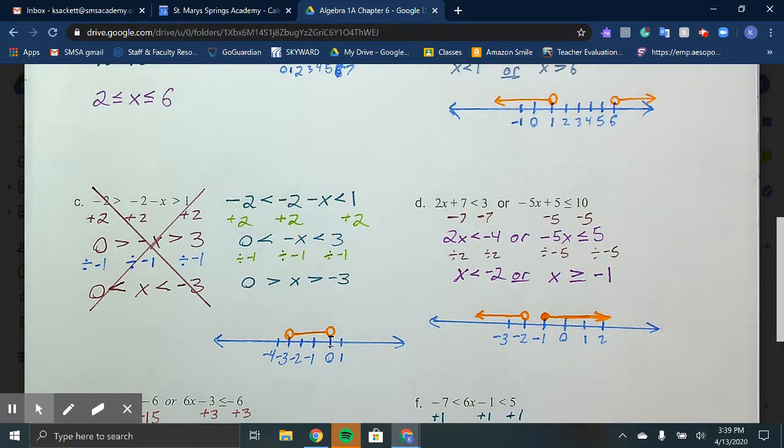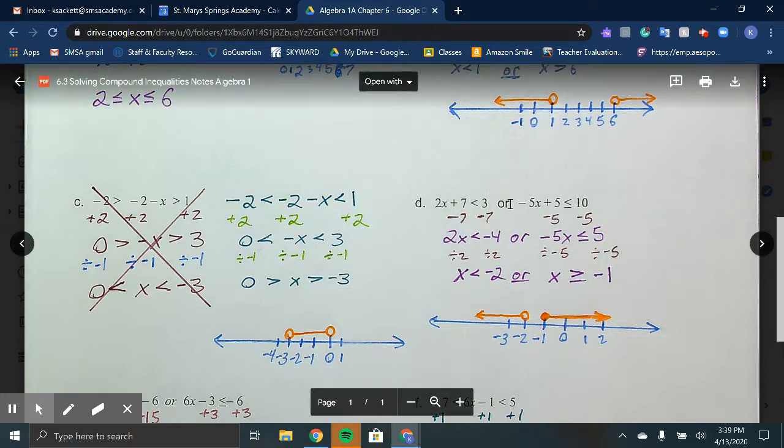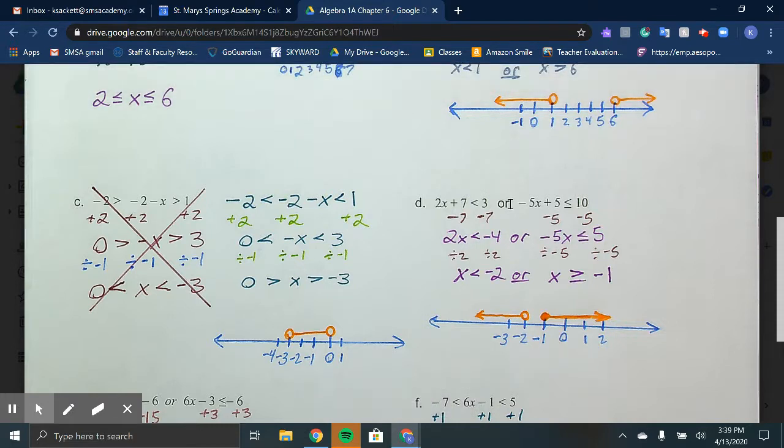Now D, we have an OR statement, so I need to solve my two inequalities separately. So with the first part, subtract 7 from each side, then divide by 2, and we have x is less than negative 2.